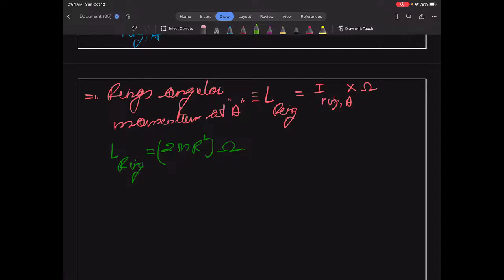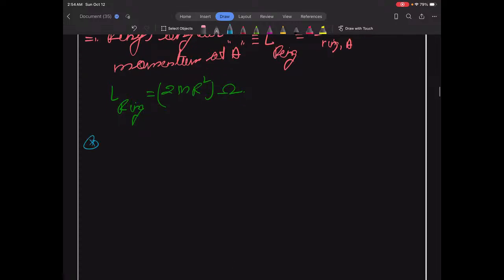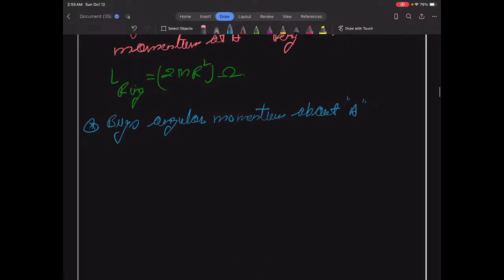Now we are going to find out the bug's angular momentum about pivot point A. And for that we are going to use the basic cross product.